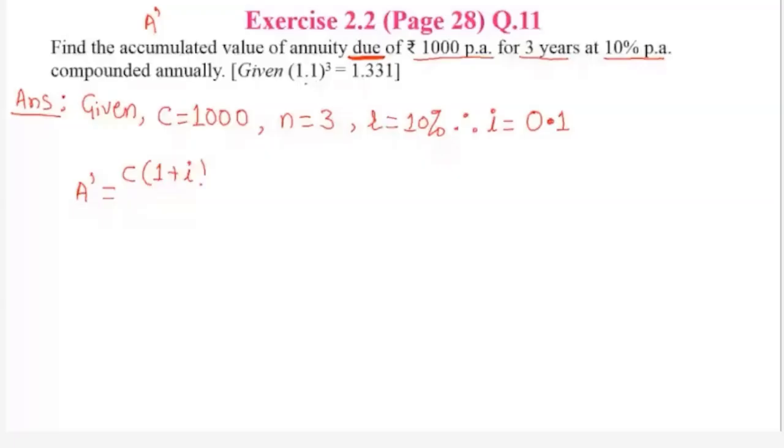In due, C will be replaced by C into 1 plus I, upon I, rest all as it is, square bracket open, round bracket open, 1 plus I raised to N minus 1.